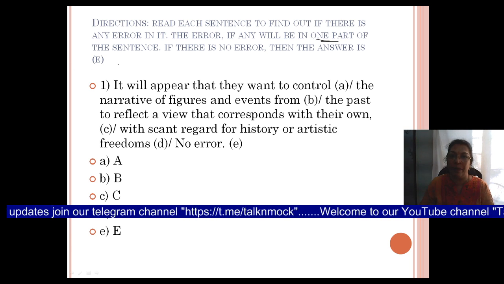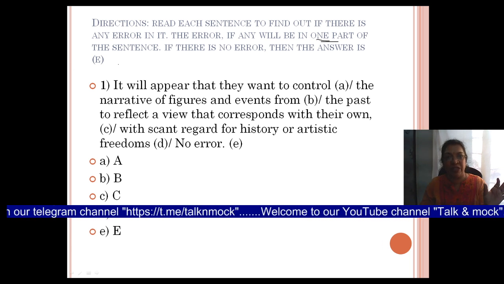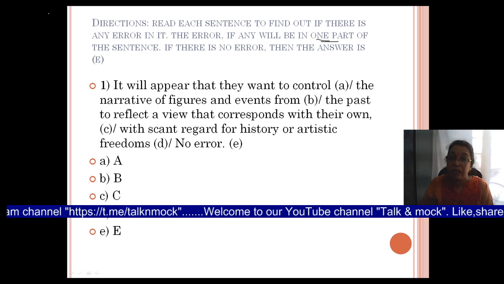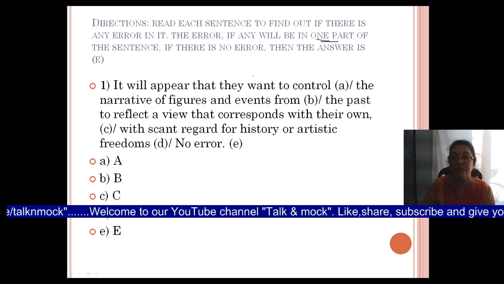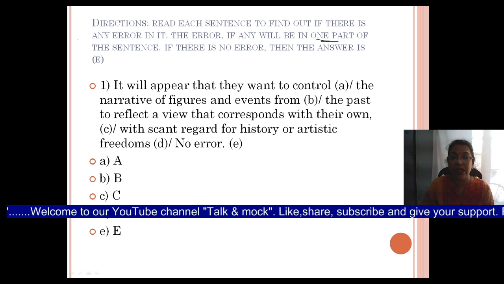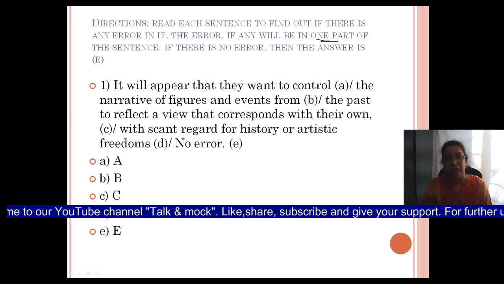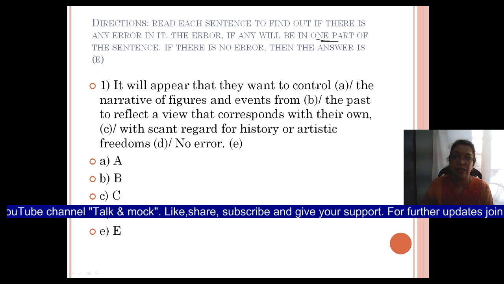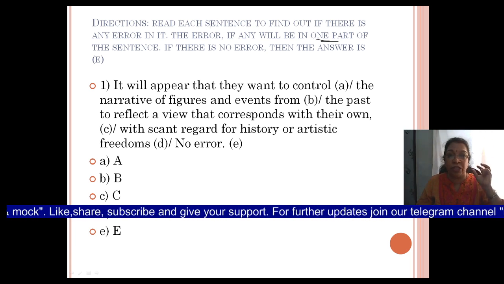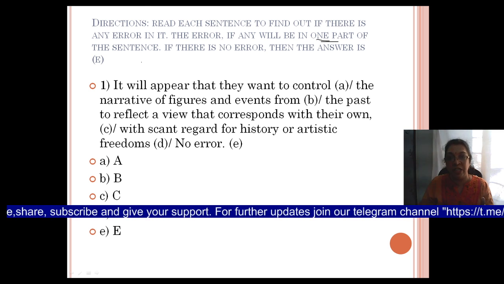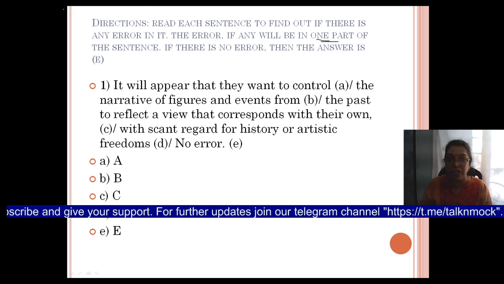It will appear, so there is no problem with subject-verb or the tense. They want to control, so there is no subject-verb error. The narrative of figures and events. With respect to articles, the narrative of figures, because they want to control, they are talking about specific figures and events. So the narrative of figures is also correct.